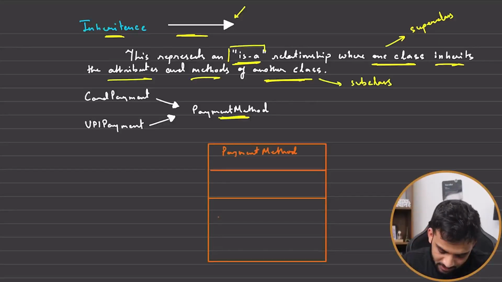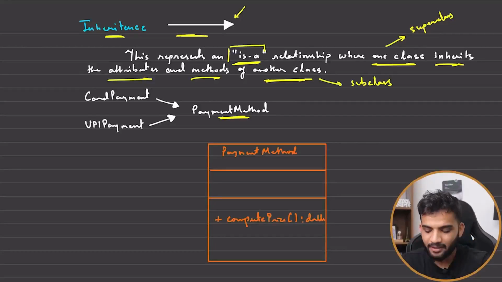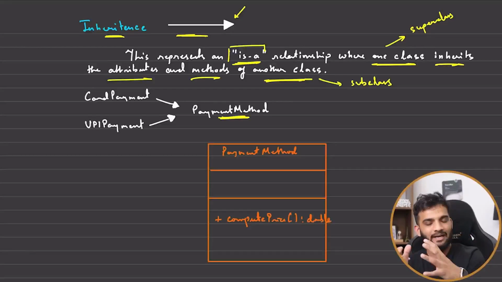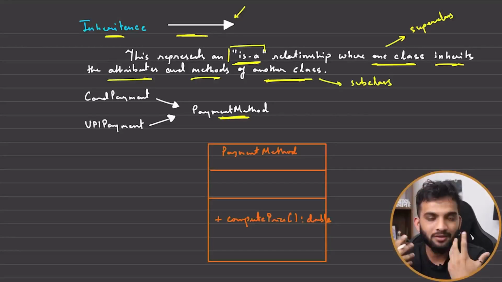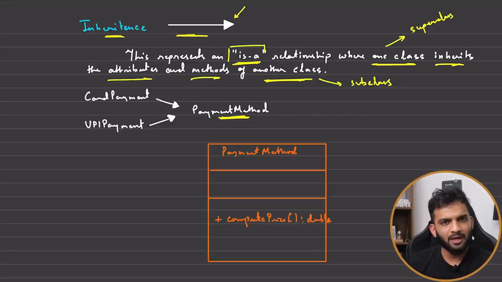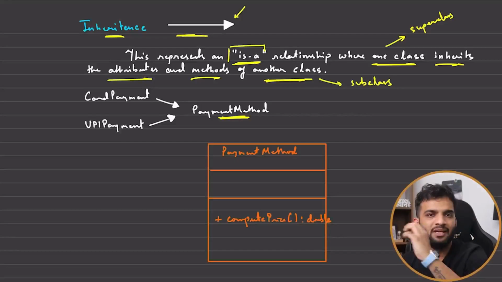One of those methods is compute price, which is typically going to return a double. Again, there could be parameters, but as of now, I'm just trying to explain the logic, so I'll not get into the depth. So compute price is a public method which is going to return a double type. Perfect.